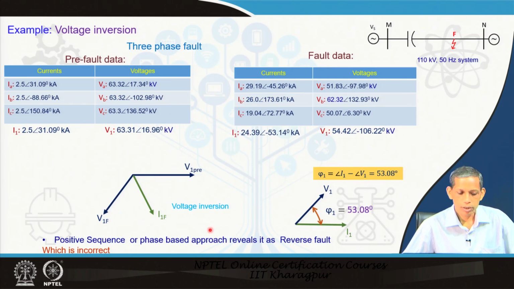So, the conclusion from these two examples is that the phase based approach or positive sequence approach will fail in case of voltage and current inversion situation. Therefore, even if a series compensated line has the issue of current and voltage inversions, then the phase based or the positive sequence based approach of the directional link principle cannot be used.